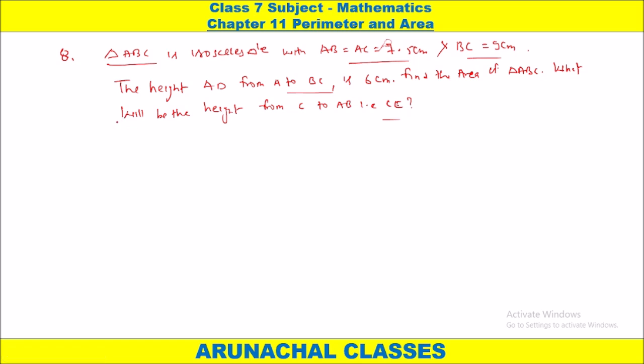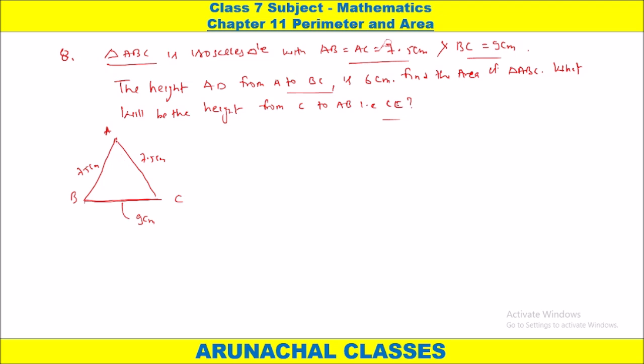Let us construct this question where a triangle is given, and this triangle is triangle ABC, which is your isosceles triangle. Two sides AB and AC are 7.5 centimeter, which are equal in an isosceles triangle. The base BC value is given as 9 centimeter.